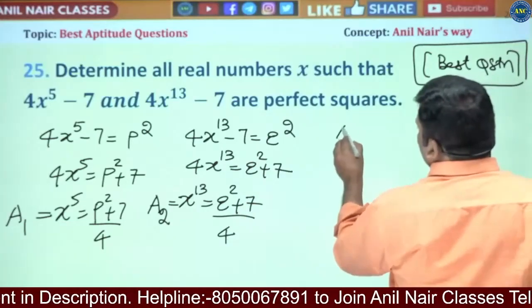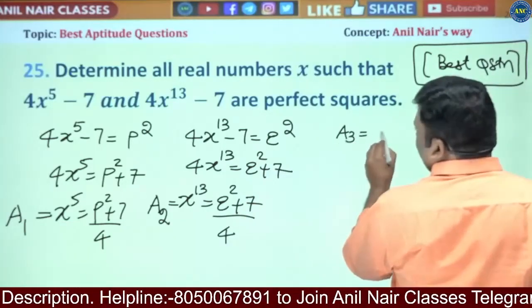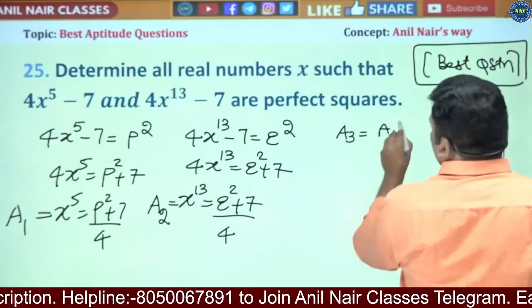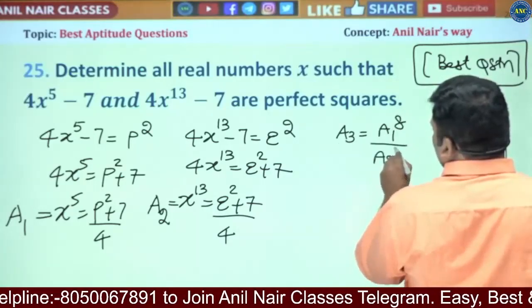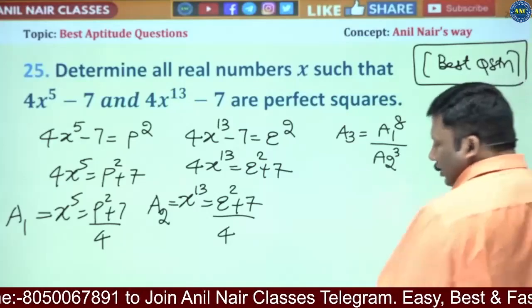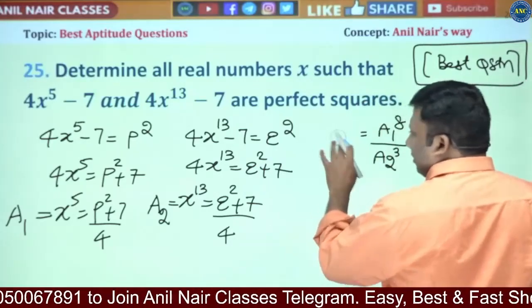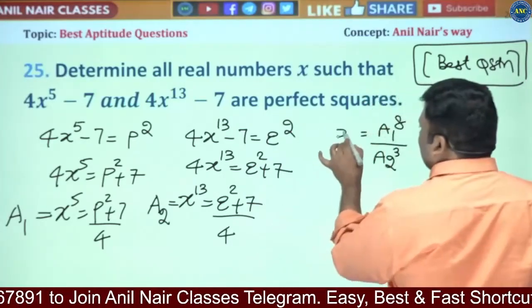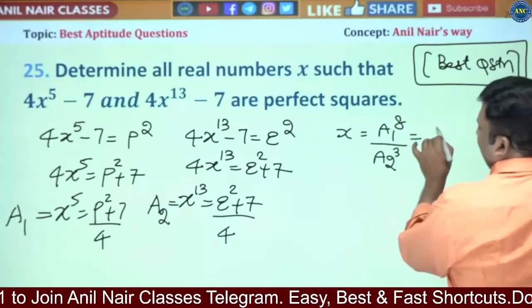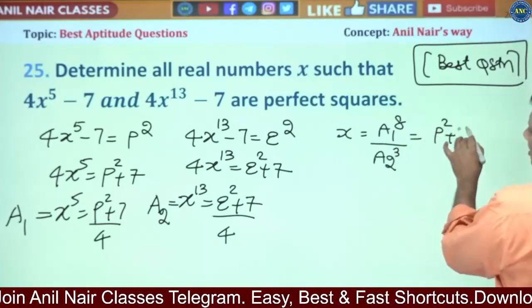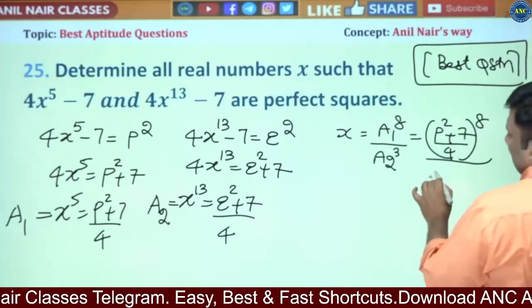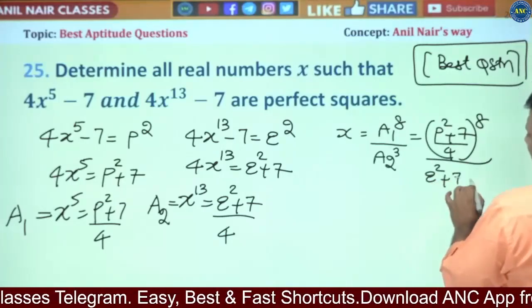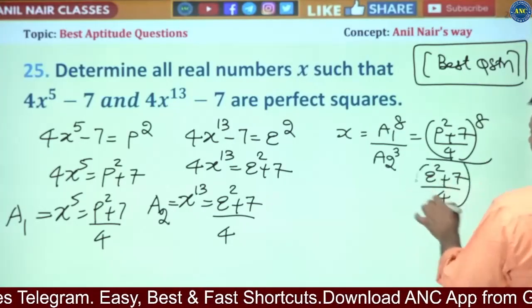So a3 is equivalent to a1^8 by a2^3, which is nothing but x. a1 is (p square plus 7) divided by 4, power 8. This is (q square plus 7) divided by 4, power 3.